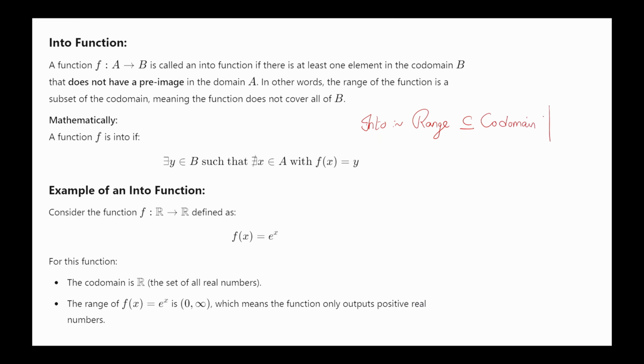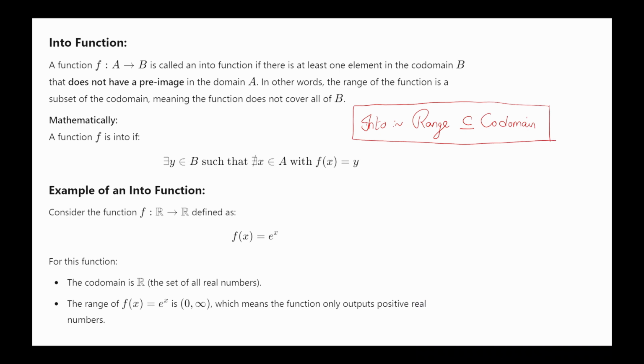Just remember this: if the range becomes equal to its codomain, then it is not an into function, then it transforms into an onto function. So here we are not considering the case in which all the values of the range become equal to all the values of the codomain, because if that becomes the case, then it becomes our onto function or our surjective function.